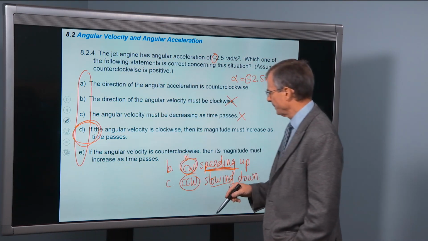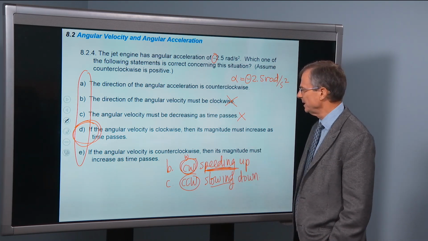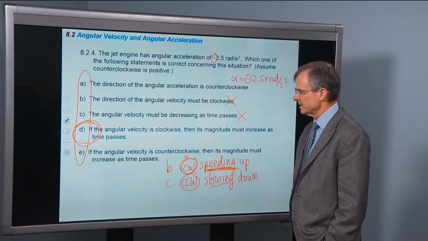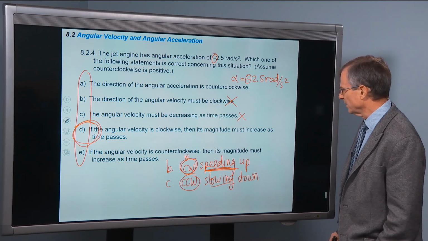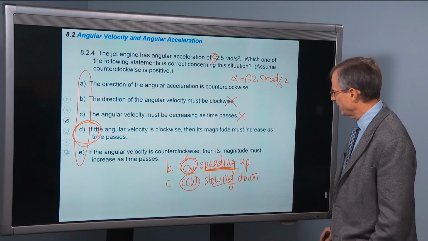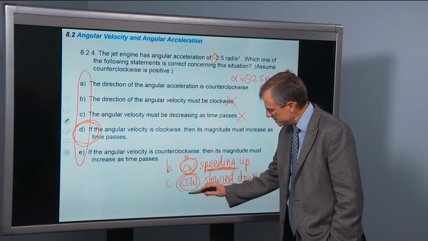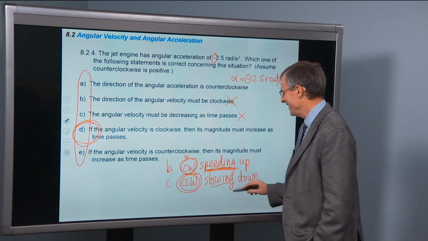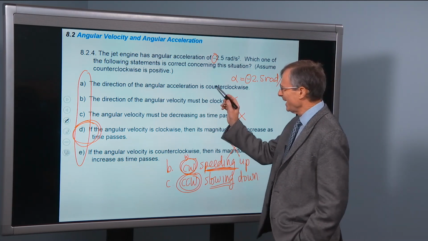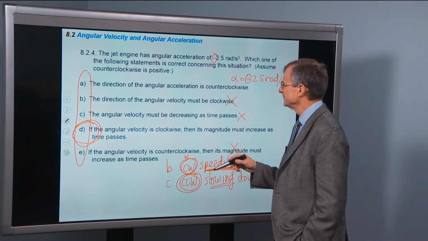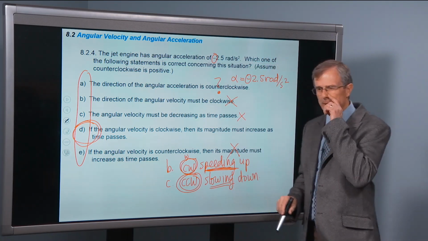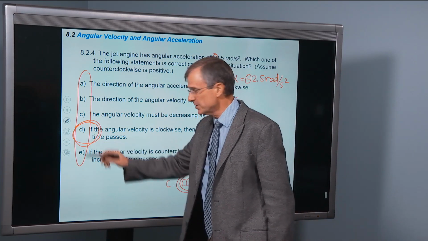If we're clockwise and we're speeding up, then that satisfies it. E: if the angular velocity is counterclockwise, then its magnitude must increase as time passes. Well, here's an angular velocity that's counterclockwise, and it's actually slowing down. So that won't work either. This is a little bit misleading way of thinking about it. So really our answer is D here.